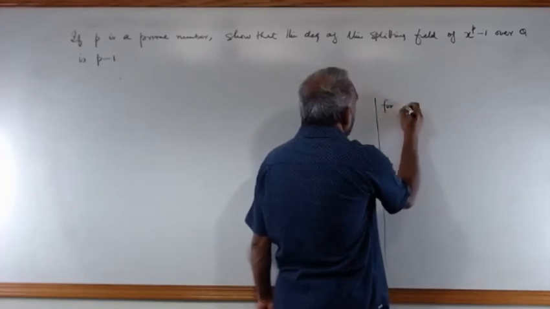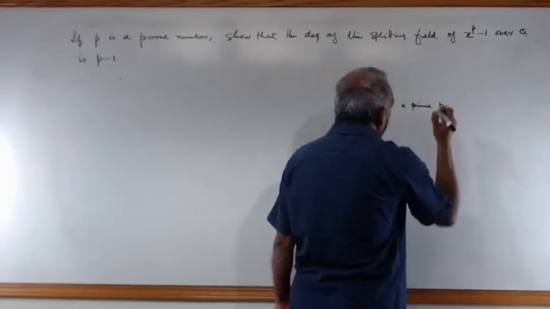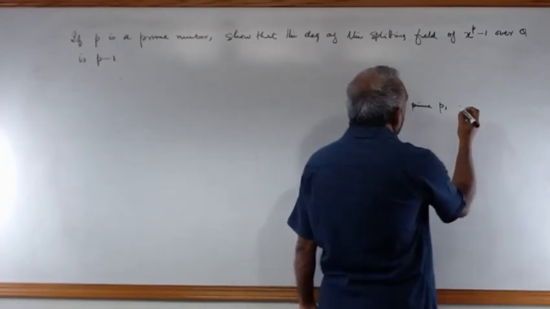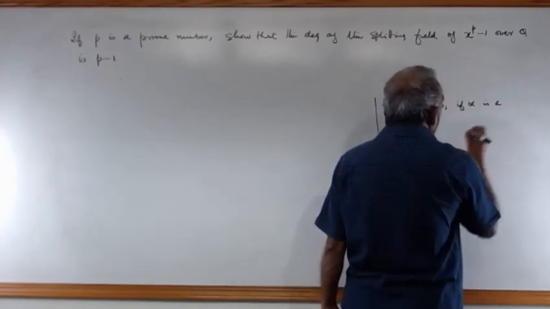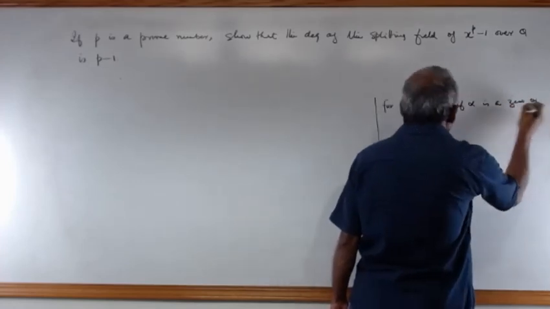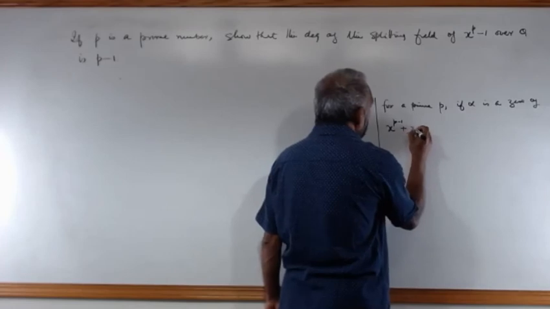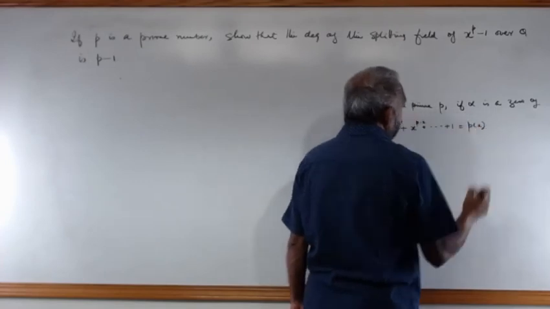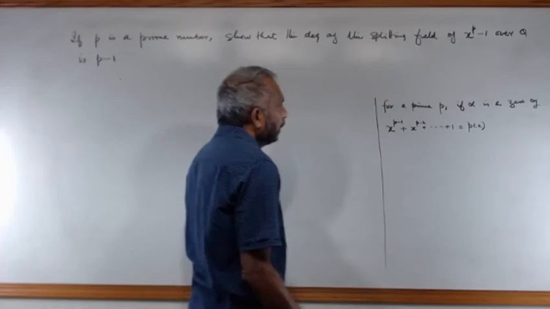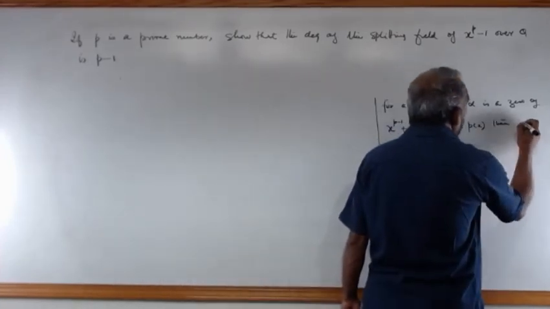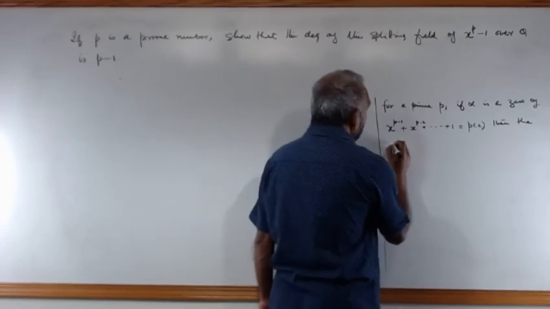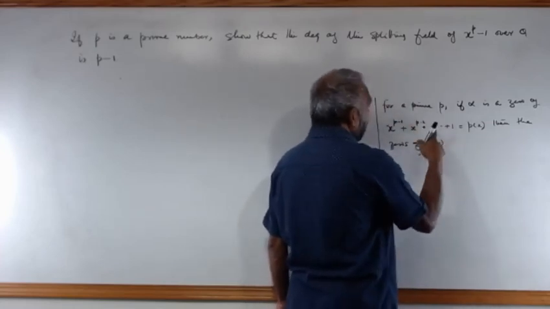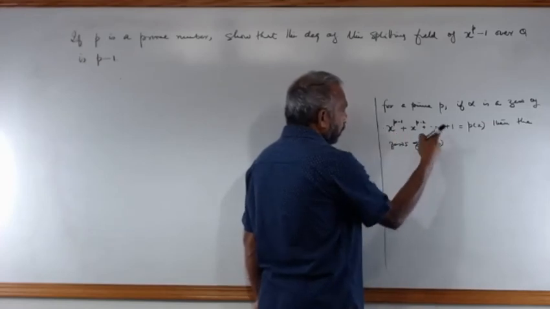That is, for a prime p, if alpha is a zero of x to the power of p minus 1 plus x to the power of p minus 2 plus through plus 1, that is equal to p of x, then there are p minus 1 zeros for this polynomial.